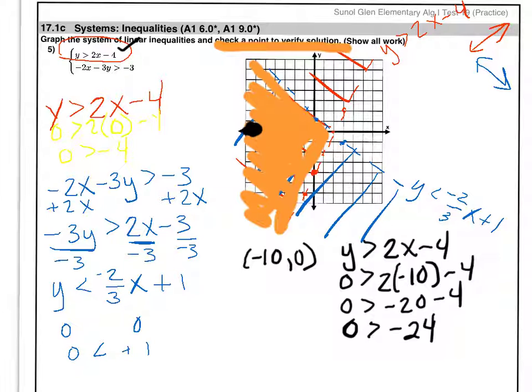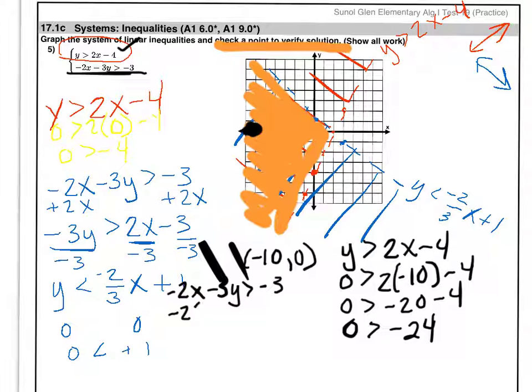Now I'm going to do it in this other equation. So this second line I have to check it in. So I'm going to plug it in again into my other equation. And so this time I'm going to plug it into this guy right here. Okay, so I'm going to say negative 2x minus 3y is greater than negative 3. Okay, sorry, my pen got a little crazy.